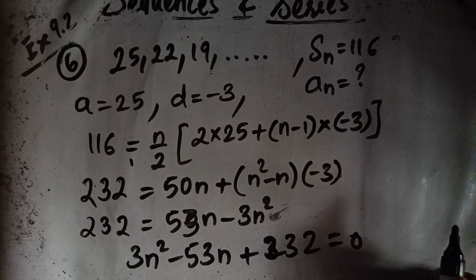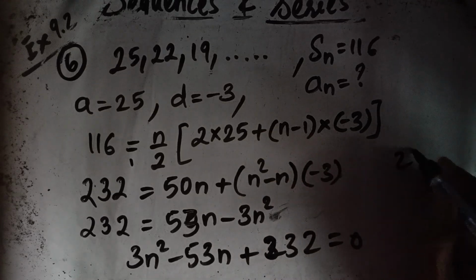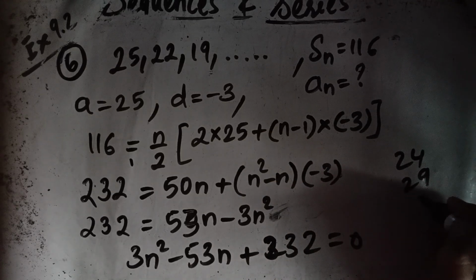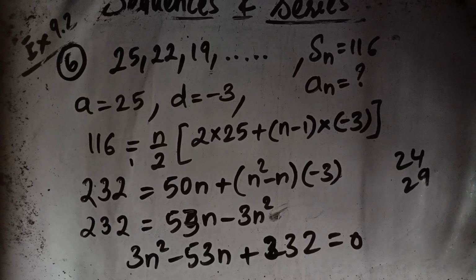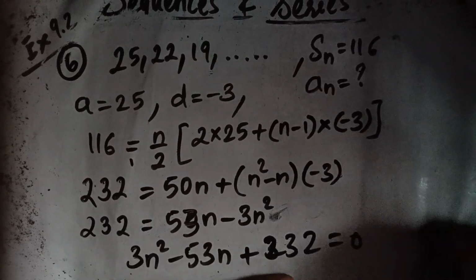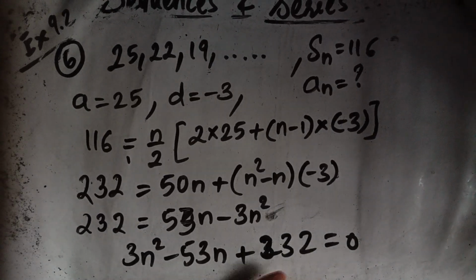Yeah, so you have to find the roots. You can use the quadratic formula or you can use the factorization method. So if you use factorization, you'll get here 8 and 29, no, 24 and 29. Okay, better if the number is bigger, please go for the quadratic formula.